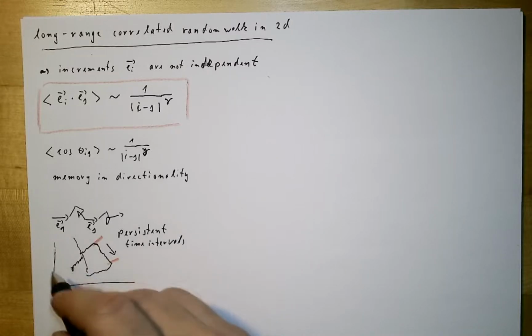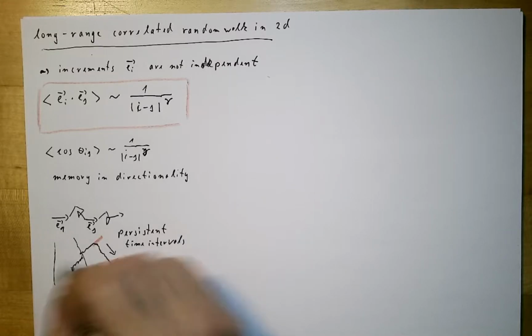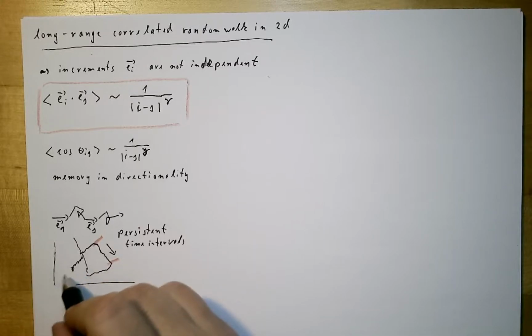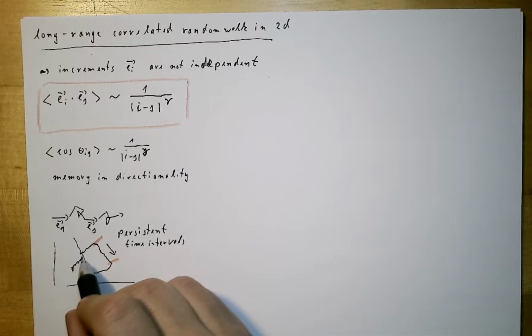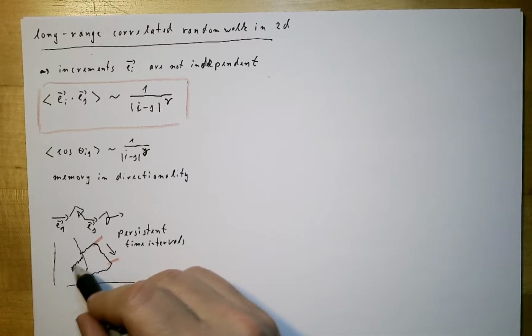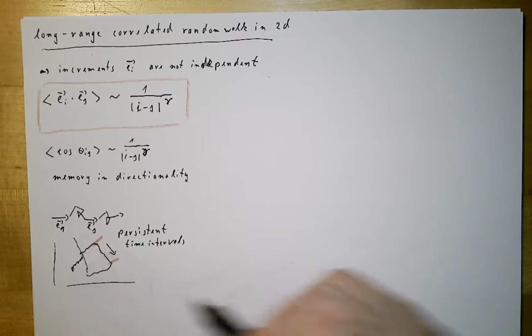So that's a movement where the walker is not turning around microscopically, erratically everywhere, but when the movement for some reason randomly decided to go in some direction, there is a tendency, even after a very long time, still to go in the same direction.